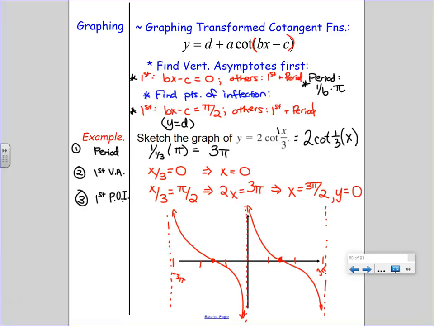Question. For sine and cosine and all those, what's important for sine and cosine? The formula, the changing it. Yeah, the formula with all the changes in it. And do you remember what that formula is? It was D plus A sine or cos of B X. Sinusoidal axis, amplitude, the different shapes.